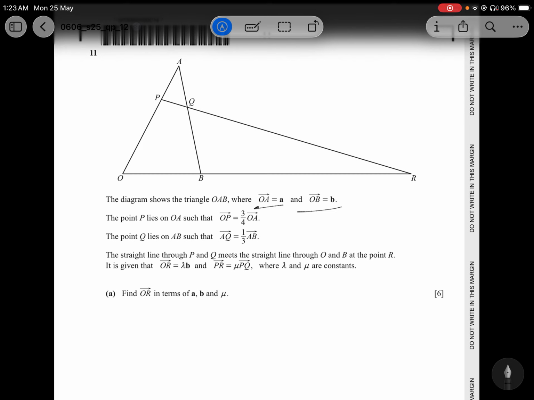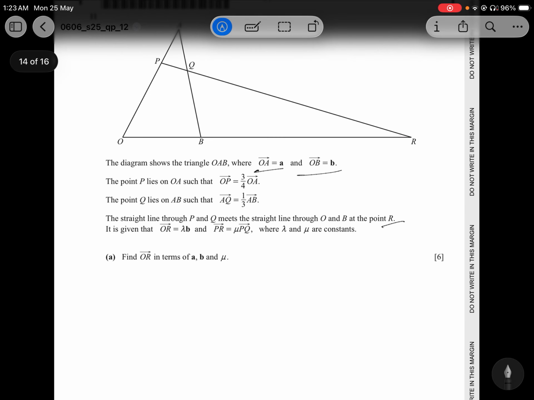AQ is equal to 1/3 of AB. The straight line through P and Q meets OB at R, given that OR is lambda b and PR is mu PQ. I have to find OR.